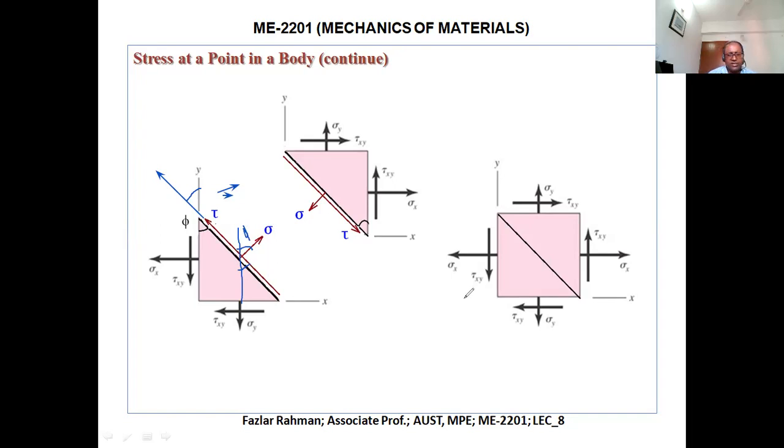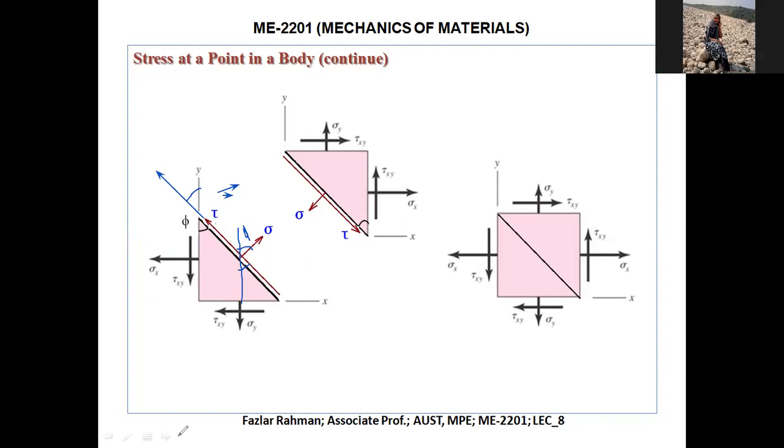So we take summation of forces along x and y direction equal to 0. Then we get two equations. If we solve these two equations, we'll get the values of tau and sigma. Okay, roll 135. Then who was talking with me? 131. Okay, good.